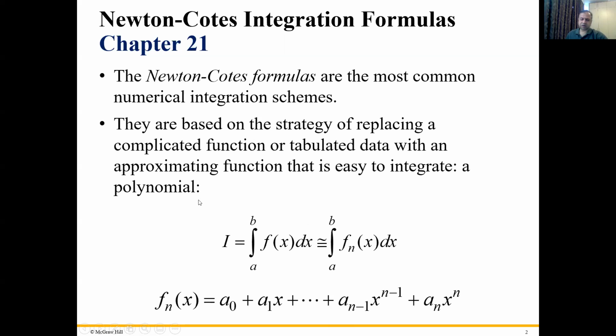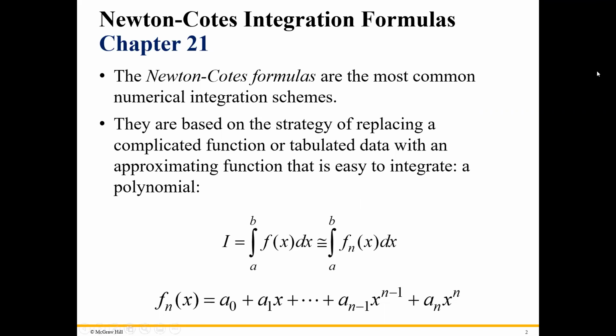The main observation for the application of these rules is that polynomial functions such as a naught plus a1x plus a2x squared plus a3x cubed, etc., we can very easily integrate. So it is easy to find their value of the integration.